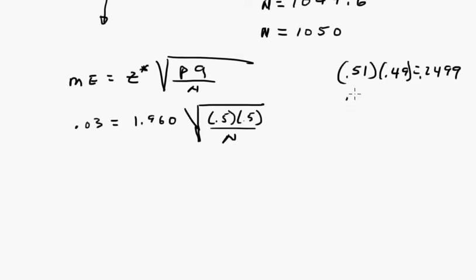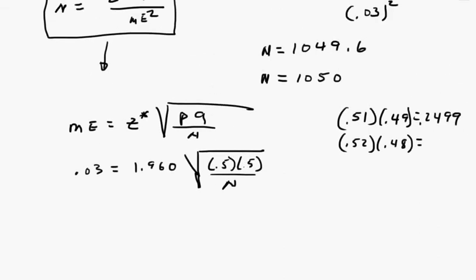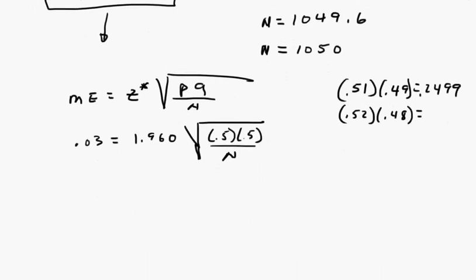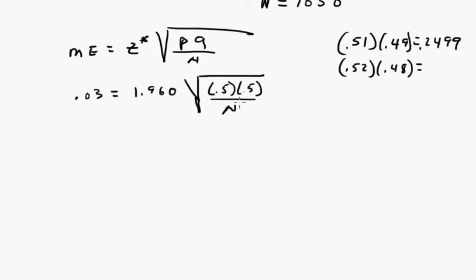And if you keep going, 0.52 times 0.48, it gets smaller. Okay, so if you think about it, from here it's kind of apparent that the bigger this is in the numerator, the larger the sample we're going to get. So by calculating the sample size necessary, we're being conservative. We don't want to be overly conservative, so it's okay. This is a safe estimate.